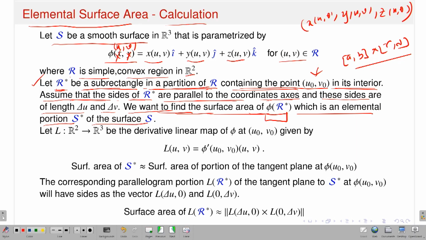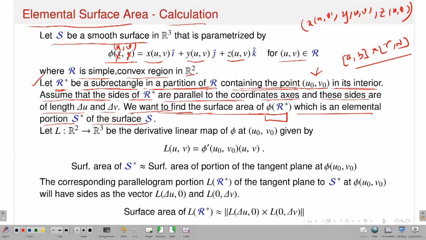So now I have a parameterization phi on the domain R in R2. Taking a partition of the domain R, I take a small subrectangle R star of the partition, which contains my point u0 v0 as an interior point.